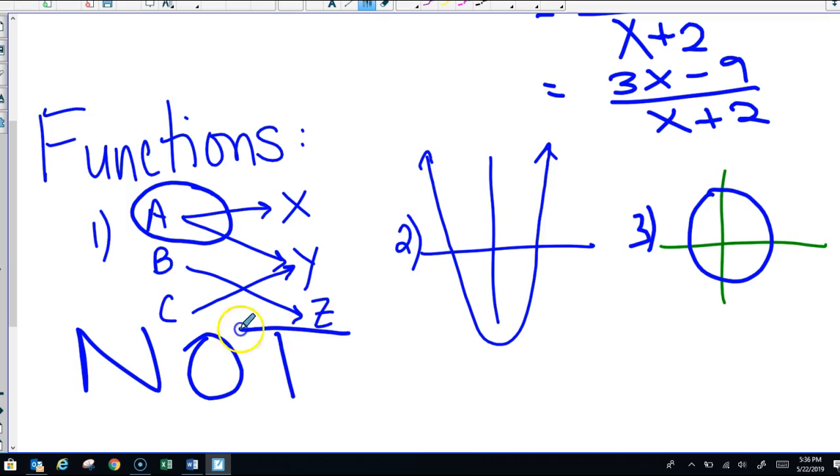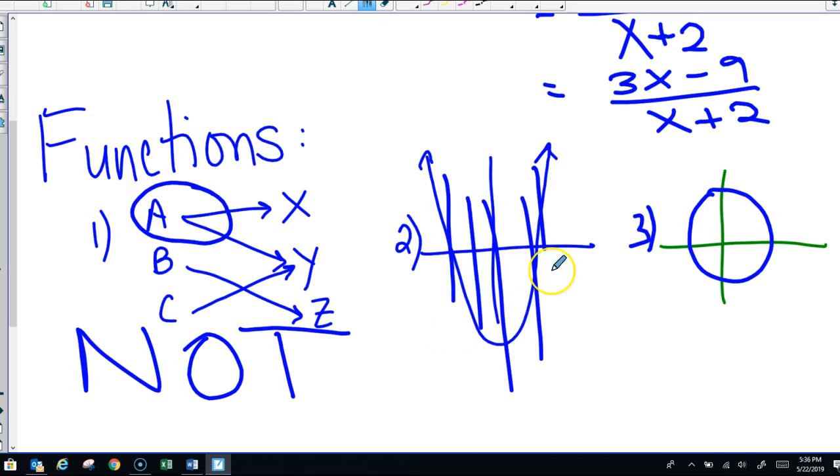Now another way to tell if you've got a function or not is the vertical line test. Picture vertical lines going all through this. If any one touches more than one point, that means that the x is having more than one match. So on this one, this is what you would want.